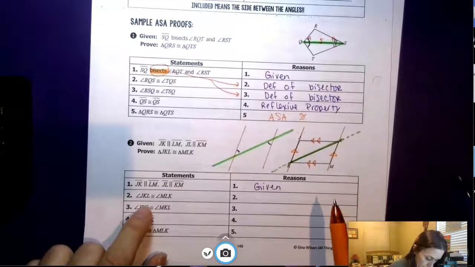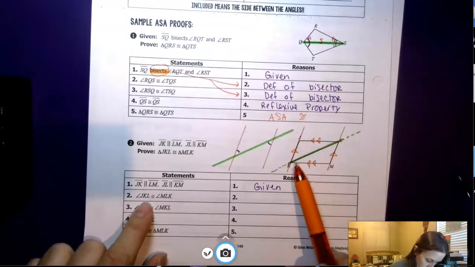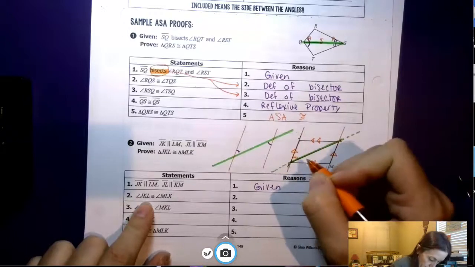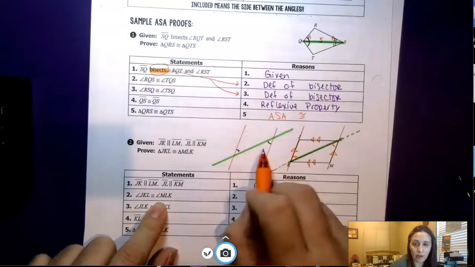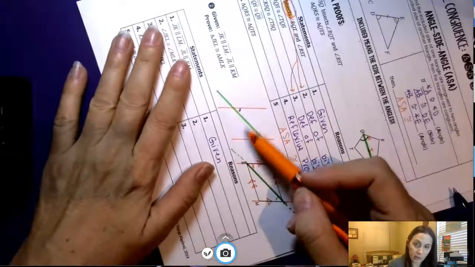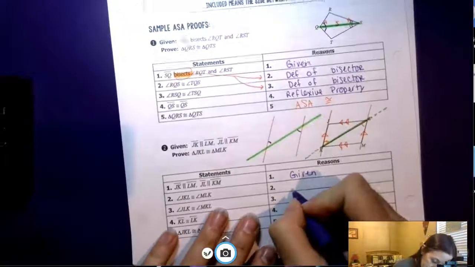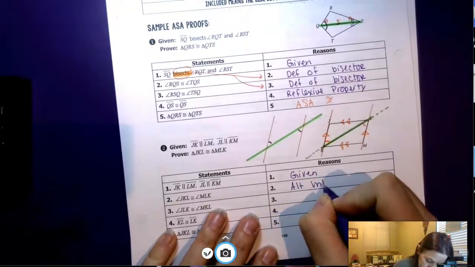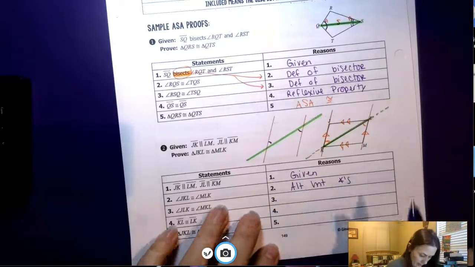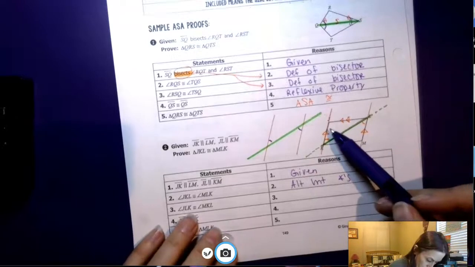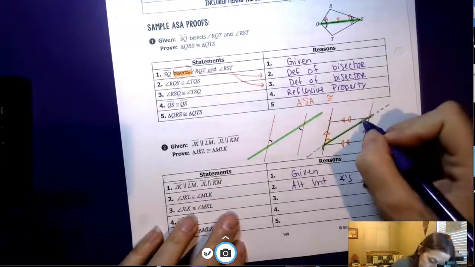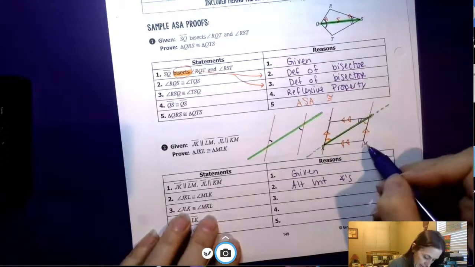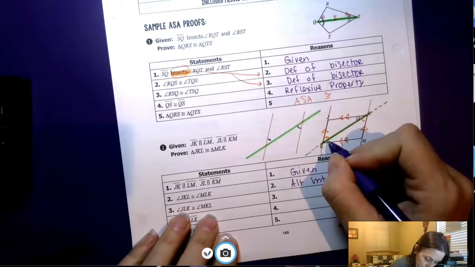Well, now let's look. Do we know that JKL is congruent to MLK? It's the angles I'm talking about right here. Why are they? What is their relationship? They are alternate sides inside. This is going to be alternate interior angles. Now what if I look at JLK, this angle here, and say it's the same as MKL, this angle here?